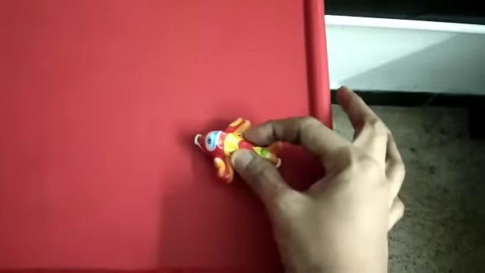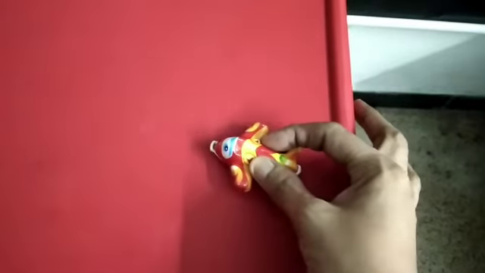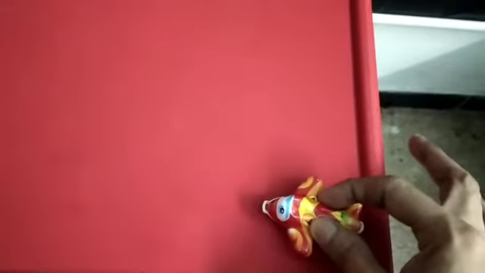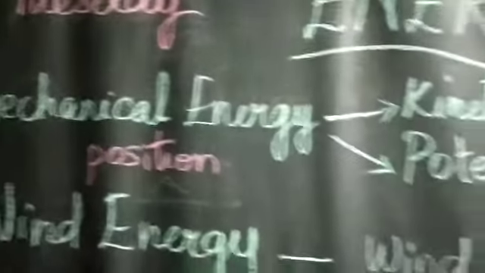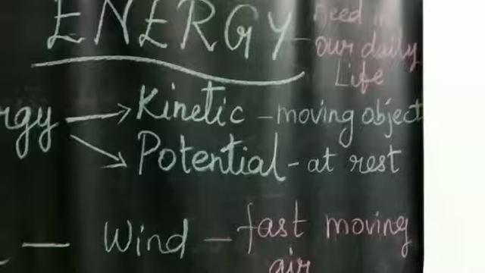It is moving. It is moving because of kinetic energy, and when I make it at rest by pulling it back, now it has full energy. This energy is called potential energy, which is at rest now. This potential energy is released as kinetic energy. So this is the process of mechanical energy, and it is divided into two.